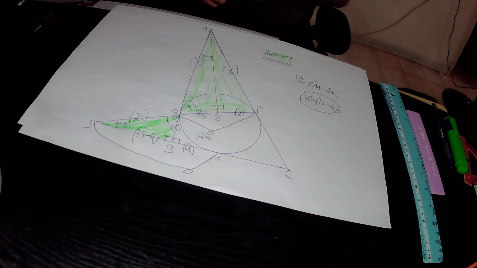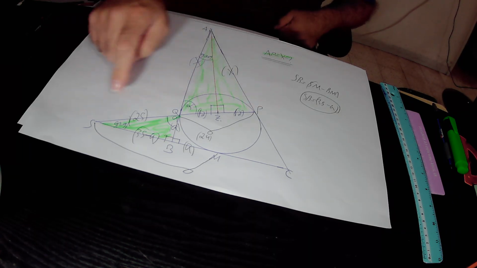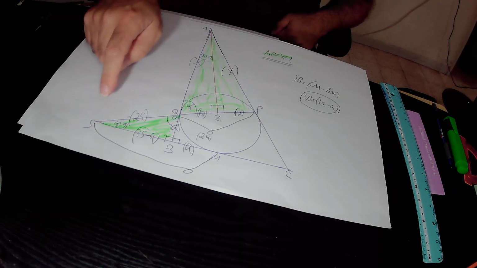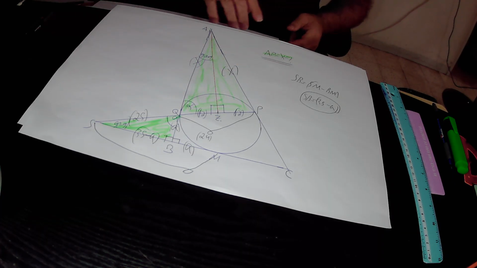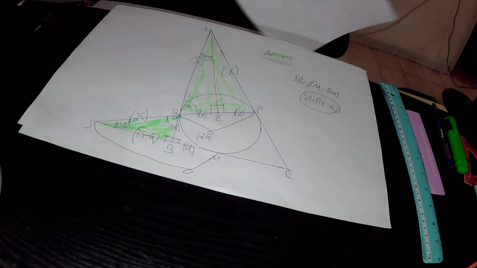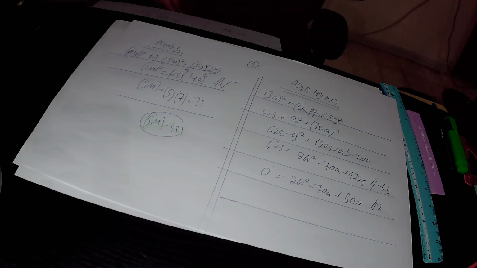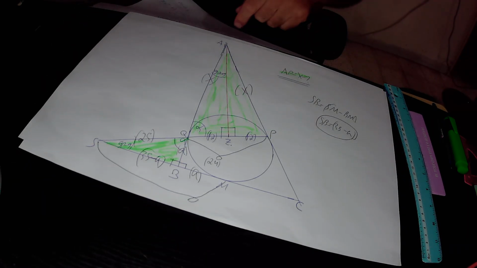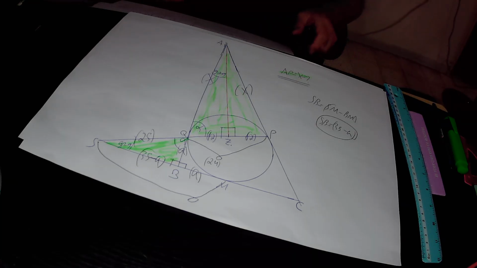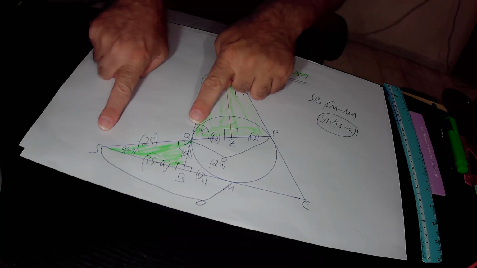According to rule 10, SM squared equals SQ times SP. SM is the missing tangent, so we have to find it. It equals SQ, which is 25, times SP.